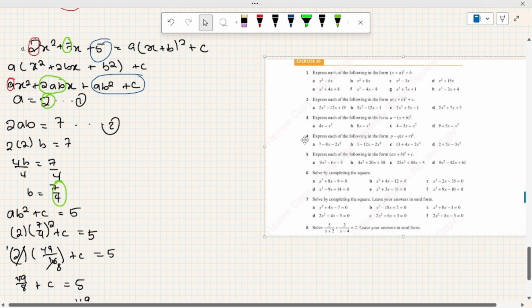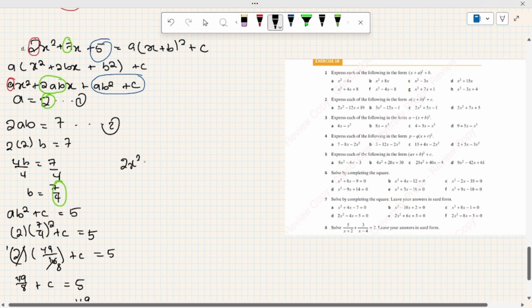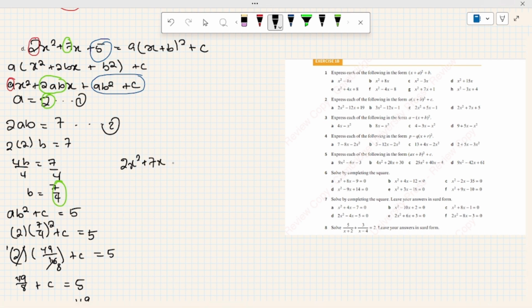So basically now what we're going to do is say 2x squared plus 7x plus 5 is equal to a times x plus b, squared, plus c.